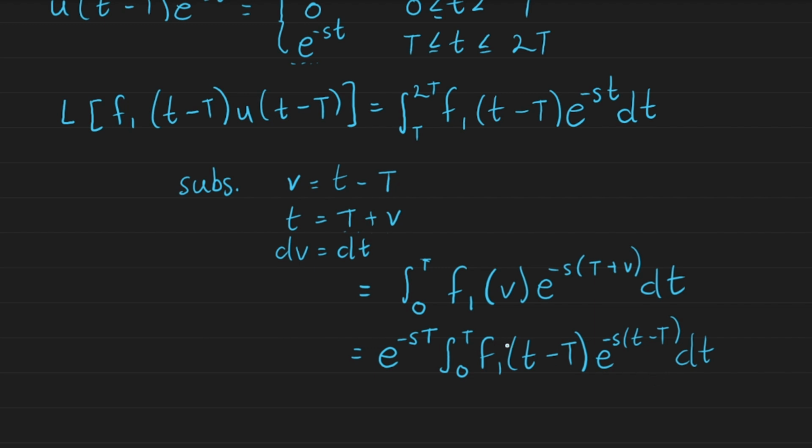So this is actually a very interesting result, and we just need to understand one thing. We have to understand that this f1 of t minus T is just the same as f of t. So let's write that.